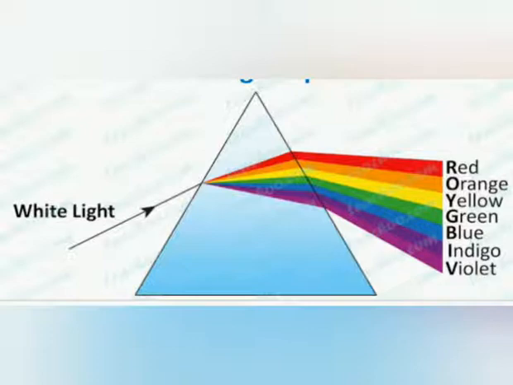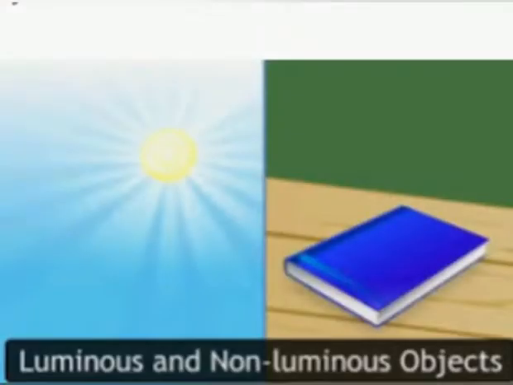Children, you have read in the previous class about sources of light, in which there are luminous objects and non-luminous objects.